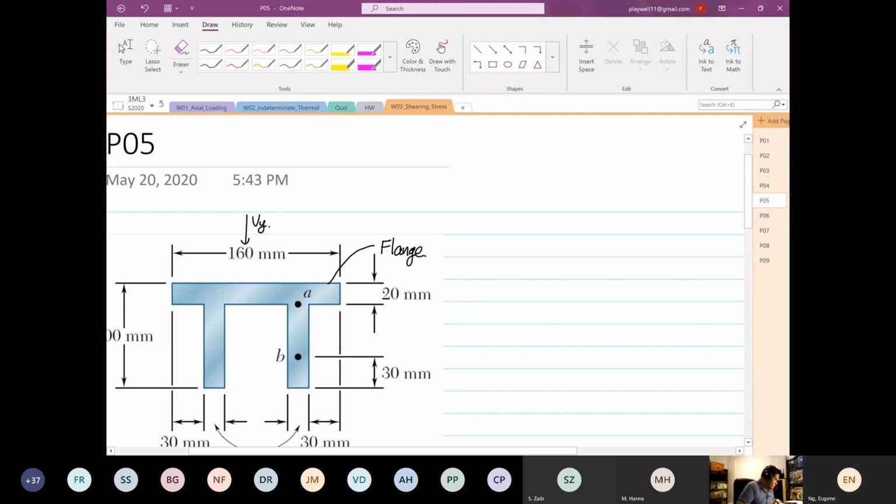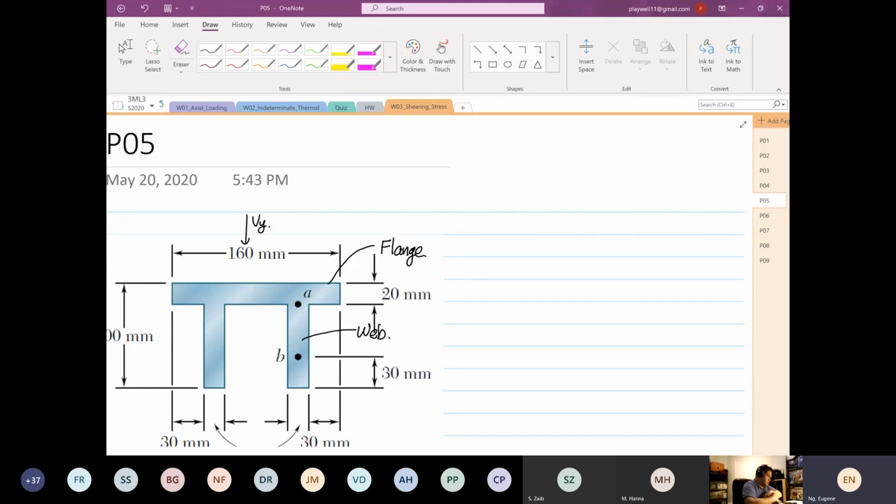The vertical part is always known as the web. Again, it always depends on the direction of your shear force.